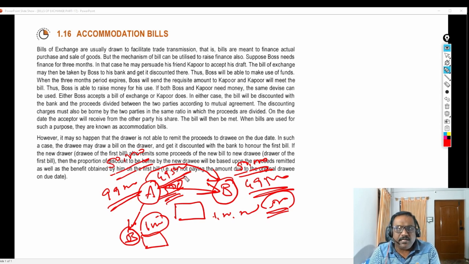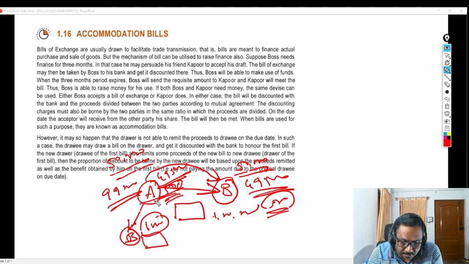So he discounted, and 49,500 he retained because they have to share 50% each, and the discount is also to be borne by both of them. 49,500 will be retained by A and 49,500 will be given to B. On the due date, what will happen?